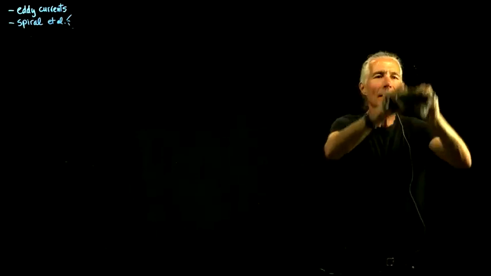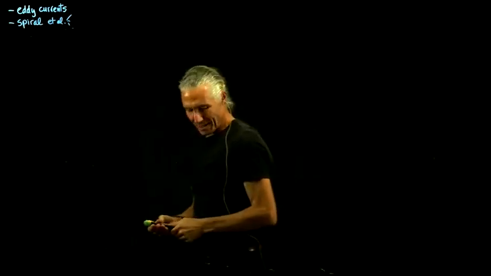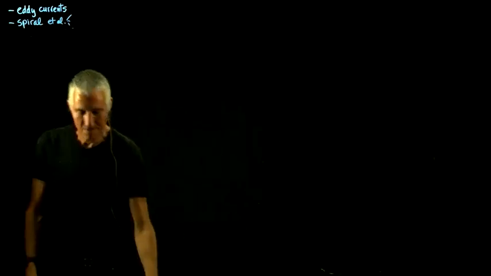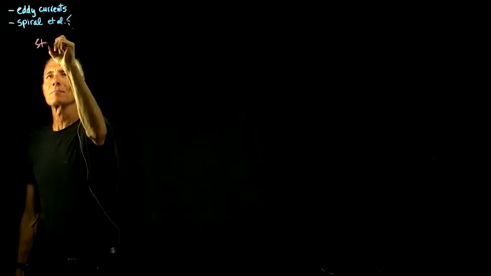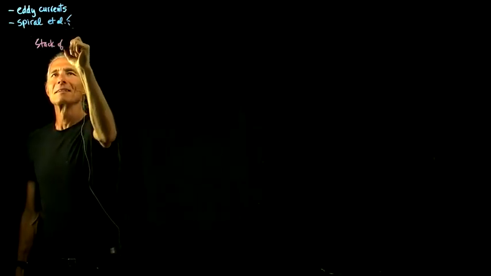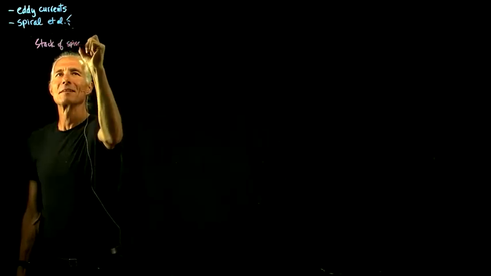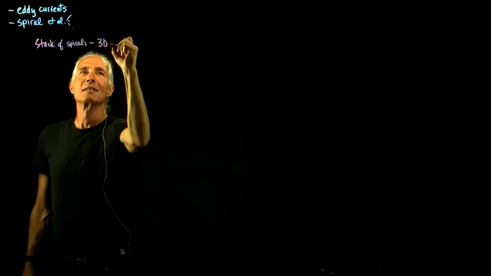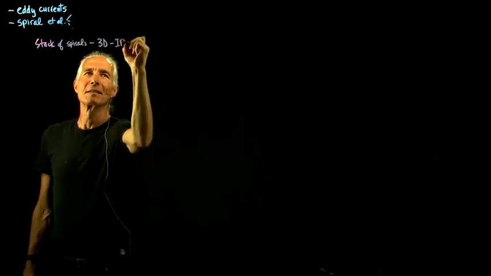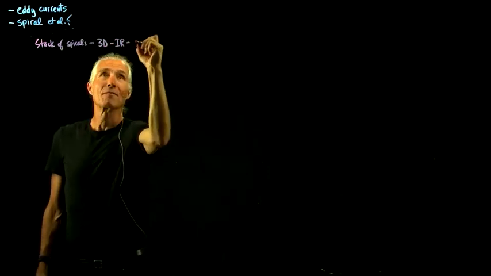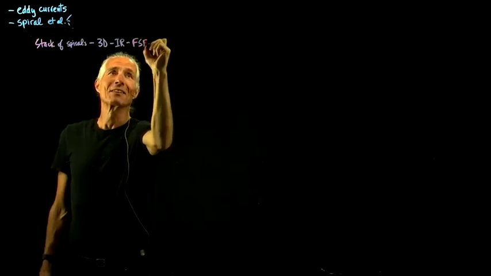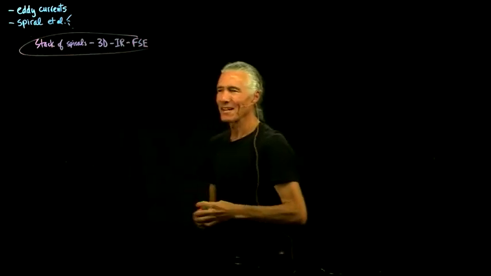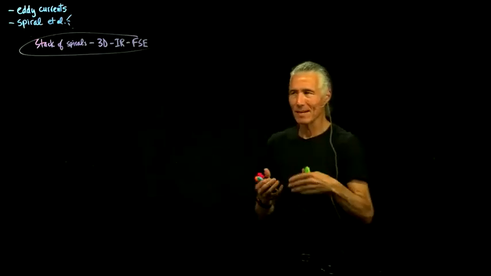So this pulse sequence I'm going to talk about is a stack of spirals, 3D inversion recovery, fast spin echo. You can see how you can tack on multiple things; that's what happens now in pulse sequence development.